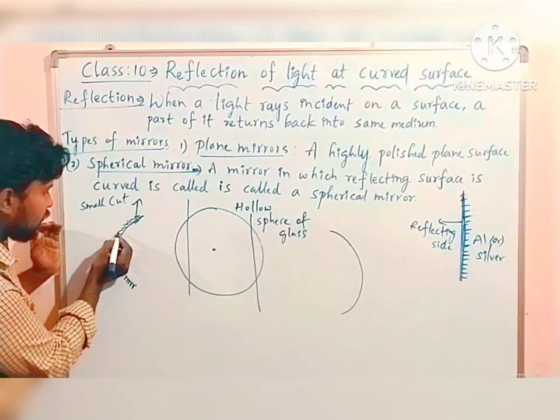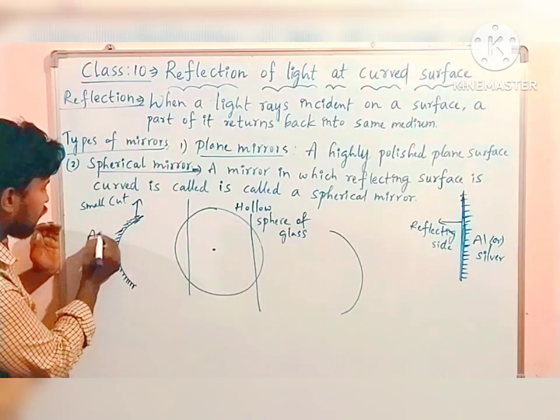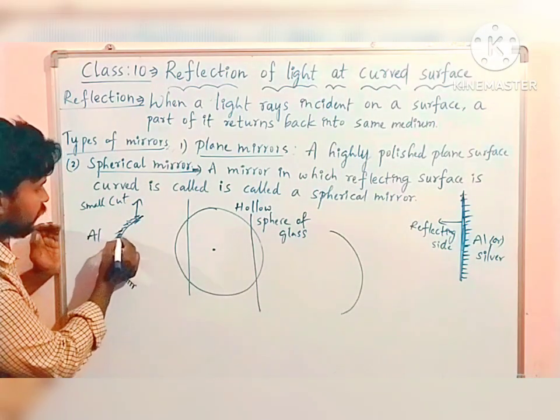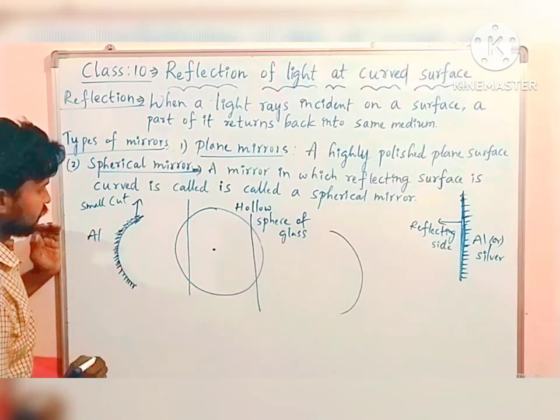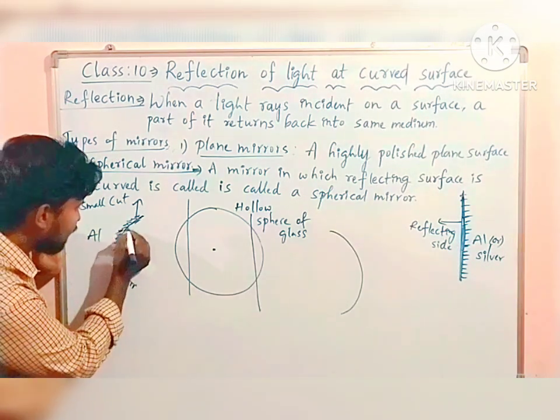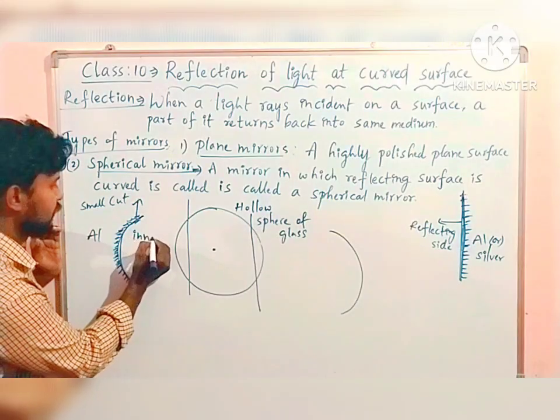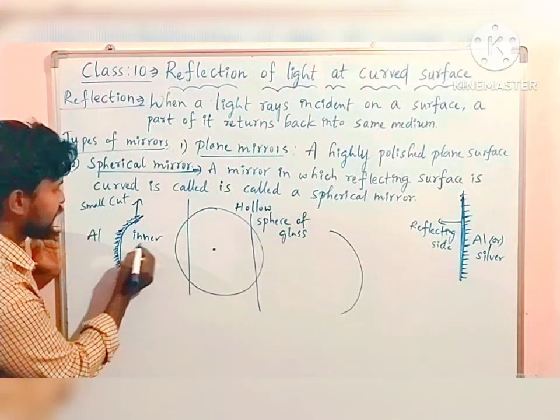When we coat the outside with silver or aluminum, and after coating we apply paint, this inner side will act as a reflecting surface.